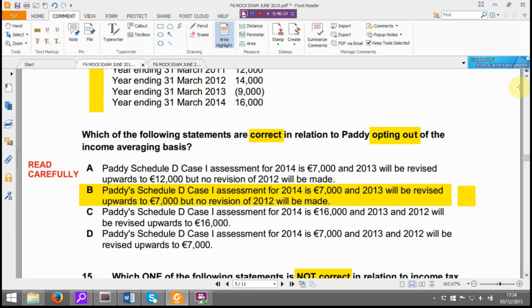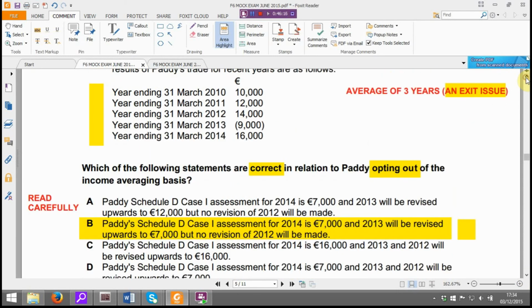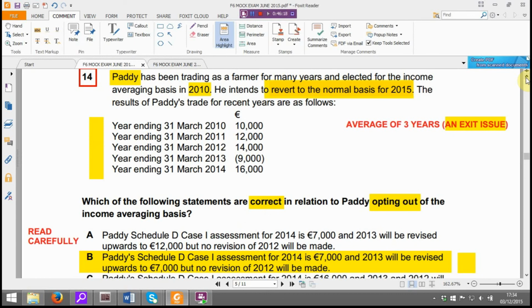In essence, opting out of the averaging scheme really means that you're looking at the 3 previous years, and you're comparing the 3rd last year and the 2nd last year to the last year to see whether or not they are above or below it.